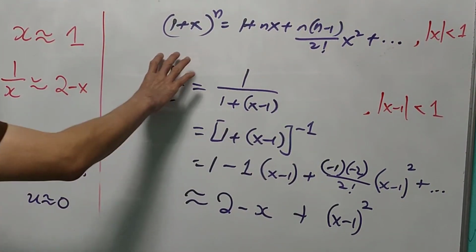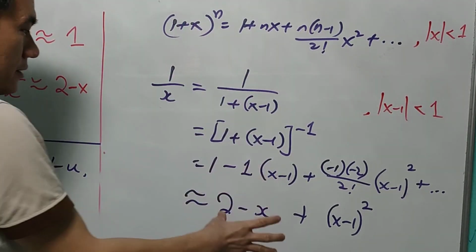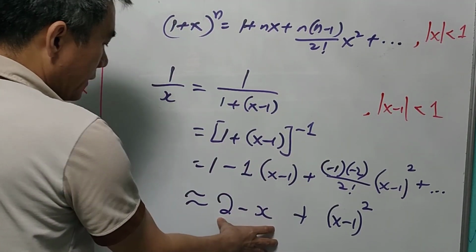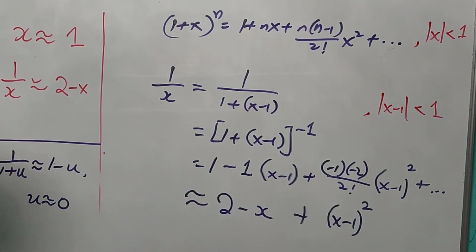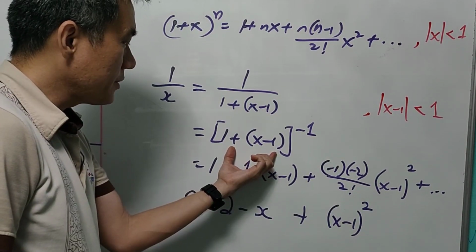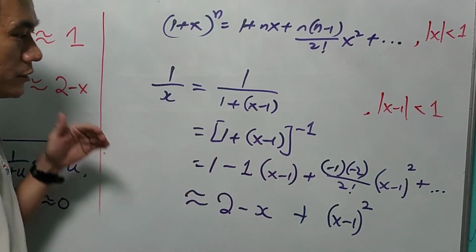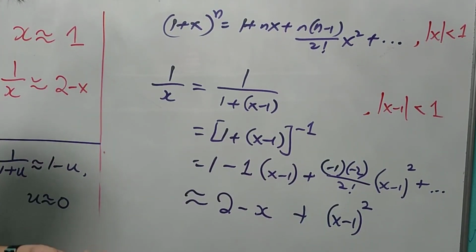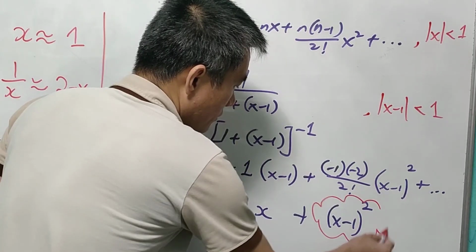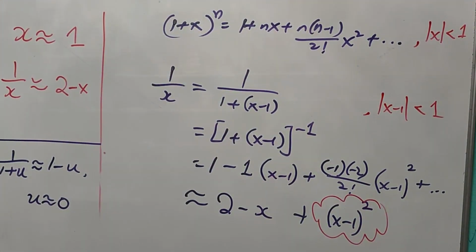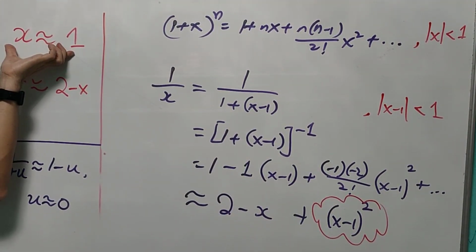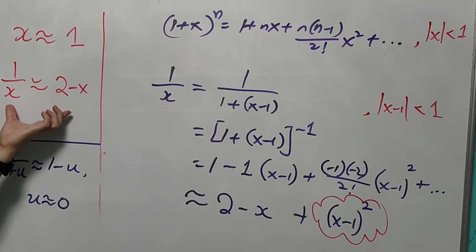And therefore now we have 1 over x is very close to 2 minus x. And again, the expansion of this binomial series is an alternating series where the absolute value decreases to 0. So the error is not more than this term. So now we prove that when x is very close to 1, 1 over x is very close to 2 minus x.